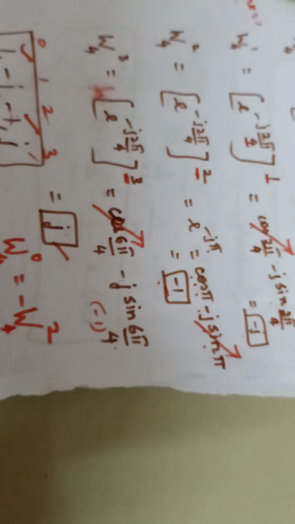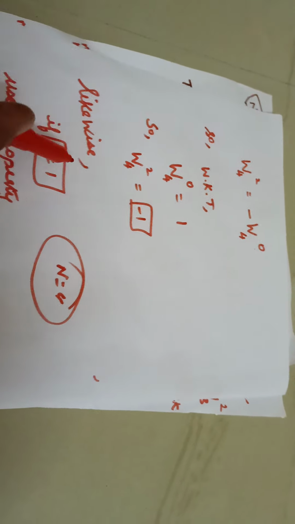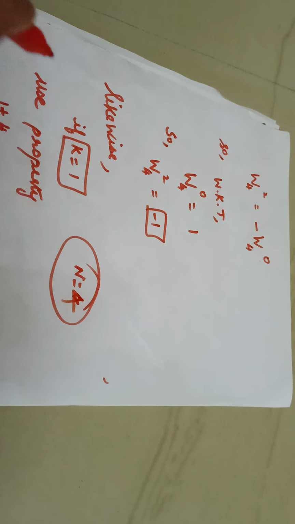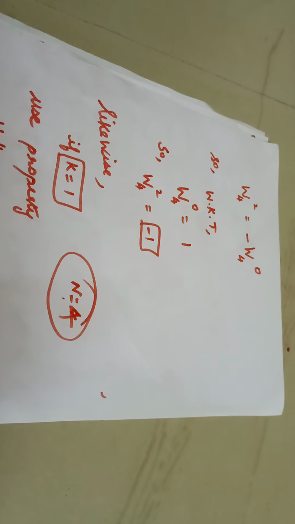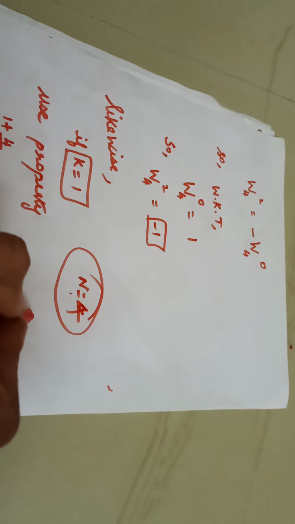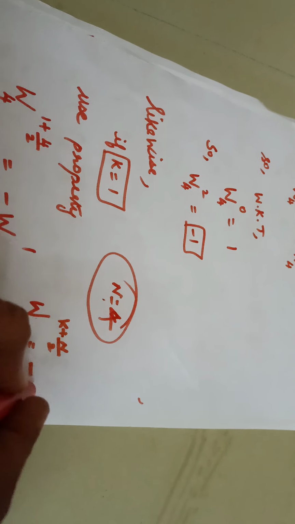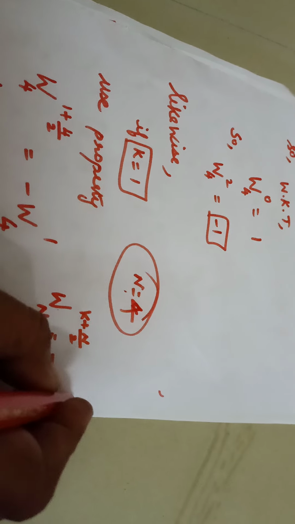Likewise, we are going to find one more example. Let's see when n equal to 4 and k equal to 1. What is the formula? Wn power k plus n by 2 will definitely equal minus Wn power k.